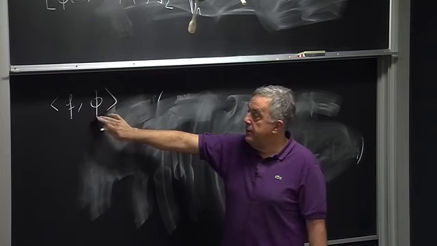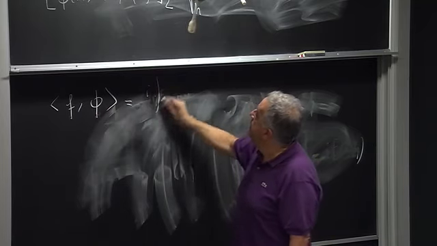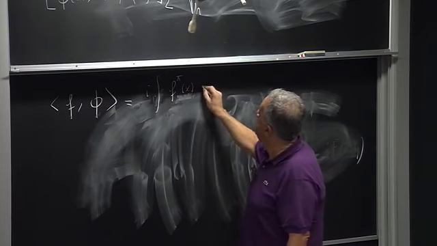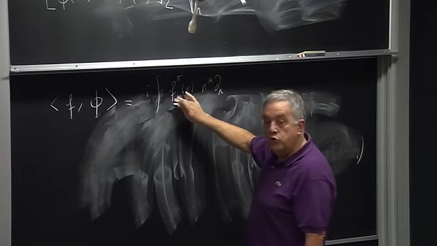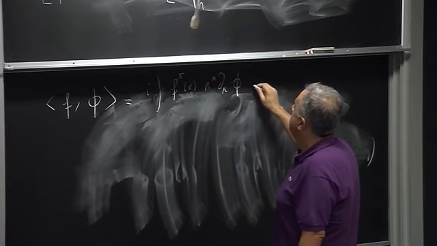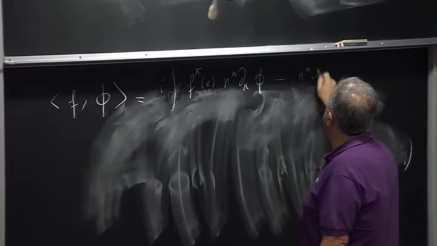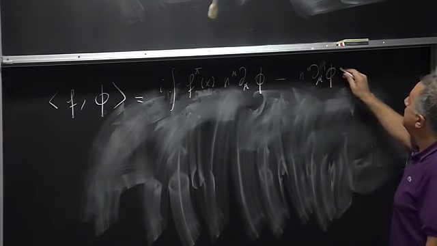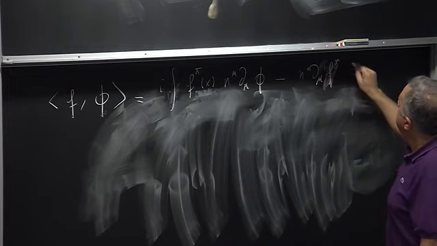This means i times the integral over the surface of f star of x, n^mu d_mu phi, minus n^mu d_mu f star, phi. This is a solution, and this is the field itself.